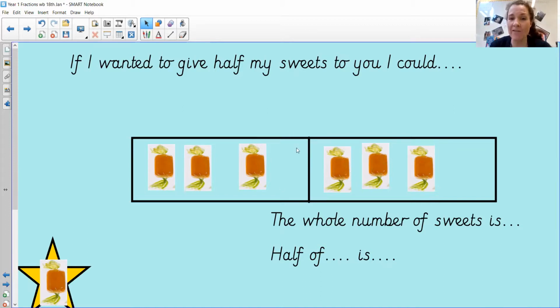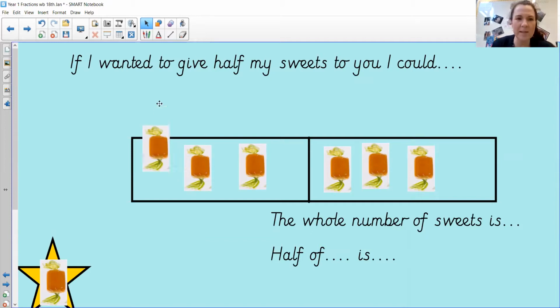So that means we have found half, because I've got the same amount of sweets in this part as over here. So as we said at the beginning, the whole number of sweets is 6. So that's how many we've got together. And half of 6 is 3, because we've got 3 here in this part and then 3 here. So we now know that half of 6 is 3.